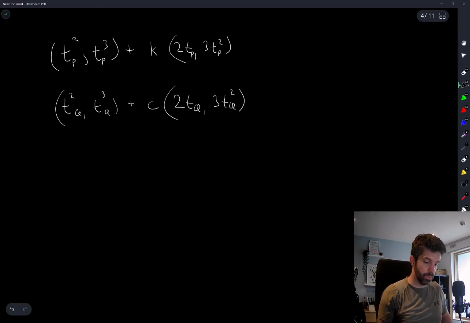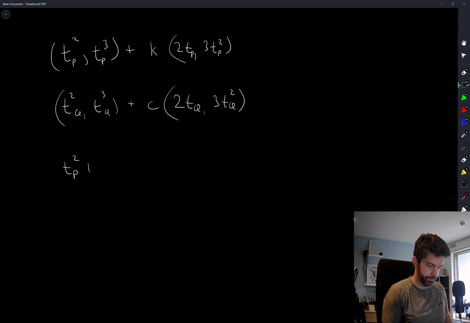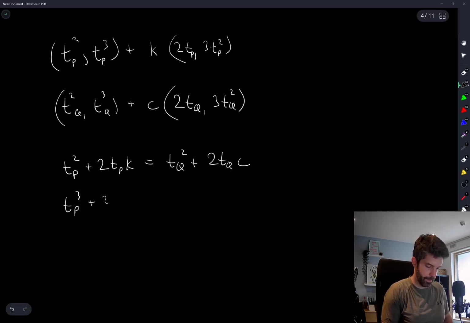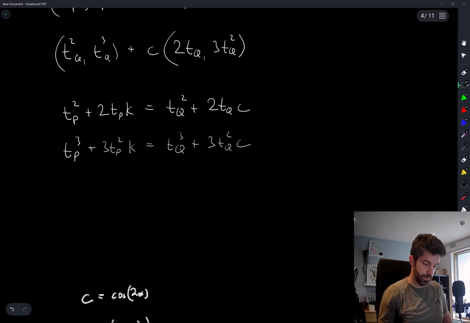If I want these to be equal, this has to equal tQ squared plus 2 tQ c.